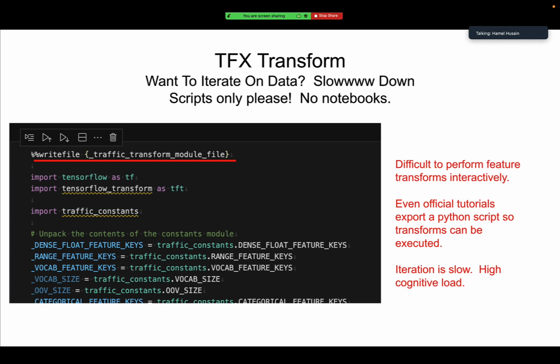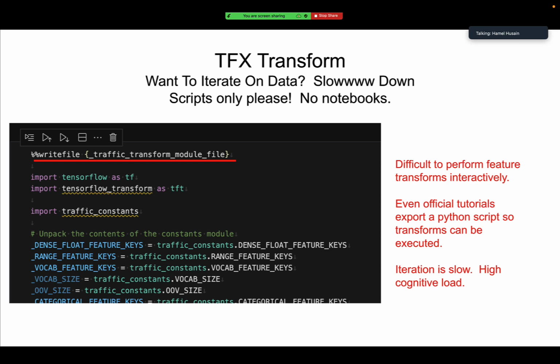Another thing is if you want to iterate on data transformations, a lot of these things can't be performed interactively in TFX. Even the official tutorials write a Python file to disk and then execute that Python file via another thing that calls it.